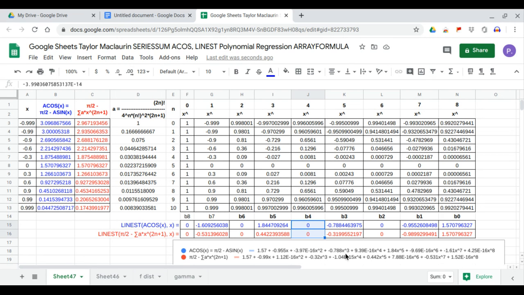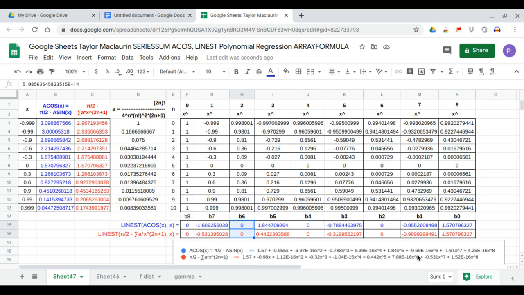B4. Our B4 is 9.39 times 10 to the minus 16. That's already 0. And negative 1.04 times 10 to the negative 50. That's already 0. B5 is 1.844. Match. It's also match to our trend line. And 0.442 for B6.